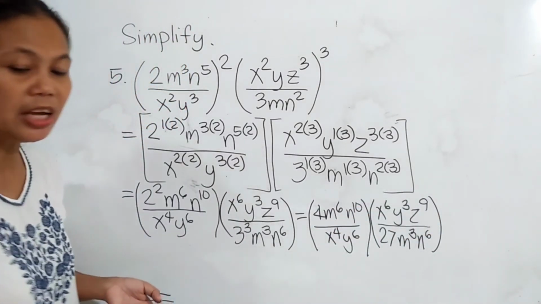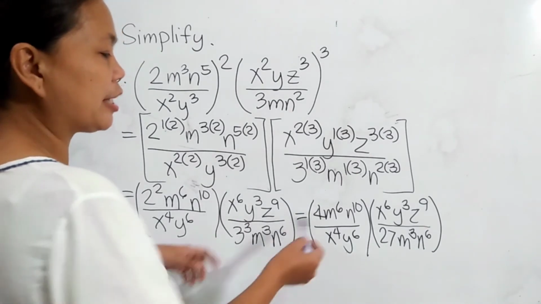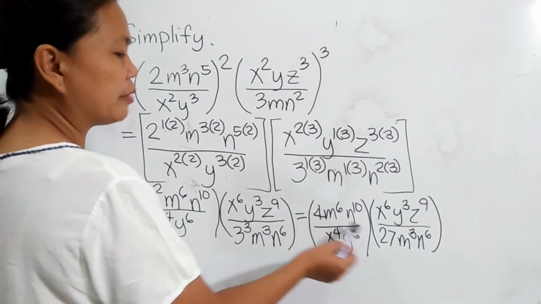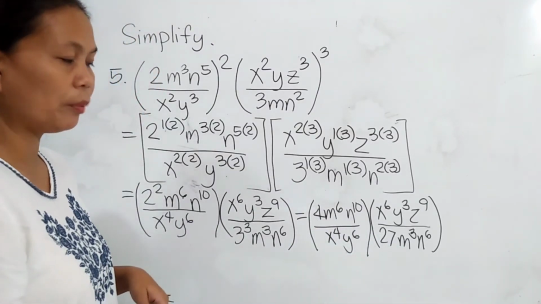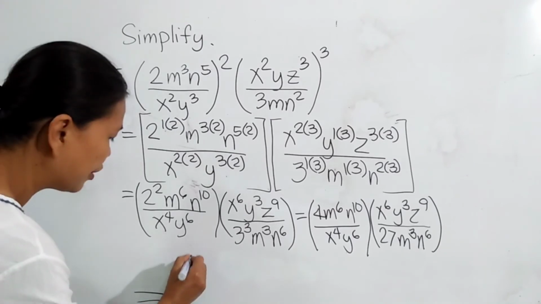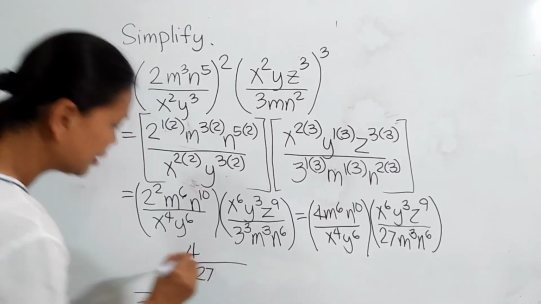So this is for the quotient law of exponent. So we cannot simplify the numerical coefficient because 4 over 27 is already in its lowest term. Okay? So we have here 4 over 27.